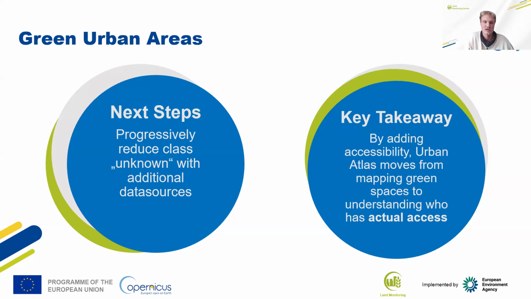So this shows the importance of having additional data sources. And talking about the key takeaway, by adding accessibility, Urban Atlas moved from mapping green spaces to understanding who has actual access, to make the urban surroundings more livable and fair for everybody.